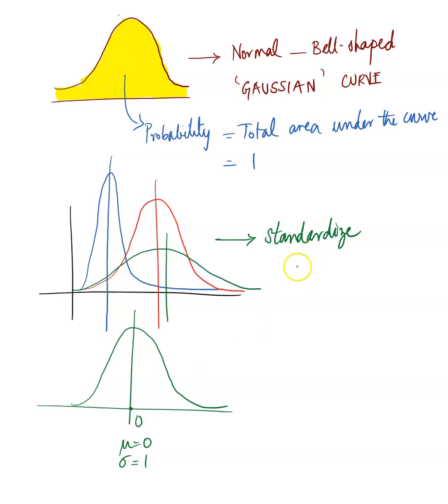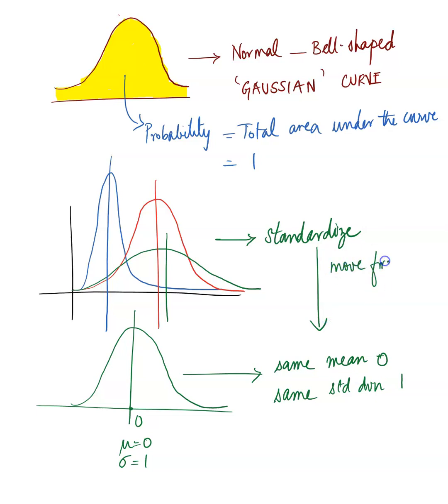So this is what the standardization does, where it gives all the standardized distributions the same mean, 0, and same standard deviation, 1. So when you standardize, what we do is we move from this X scale to a Z scale.